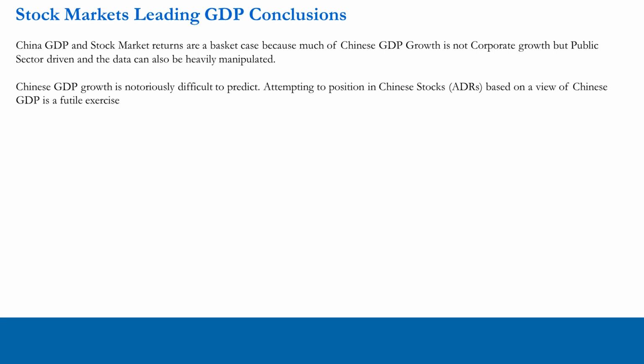China GDP and stock market returns, when we look at statistical correlations and quadnomial data, they're a basket case. Why? Well, because much of the Chinese GDP growth that occurs is not corporate growth. The government has a hand in everything, okay? It's very much public sector driven.